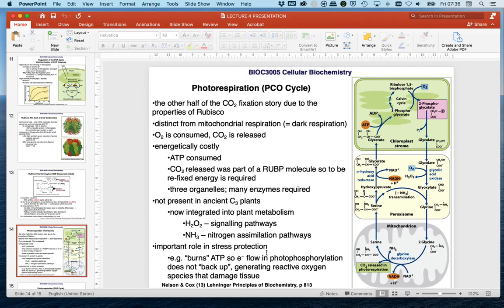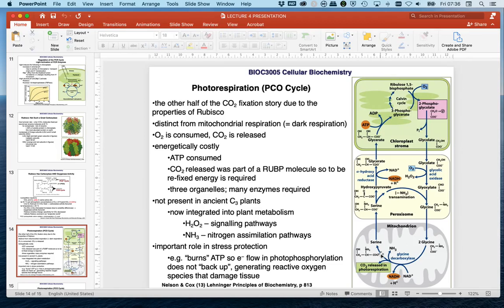And when you look at the pathway, you can see where oxygen is being consumed, so certainly at the step of Rubisco in the chloroplast, so that's illustrated in the very top part of the diagram on the right-hand side of the page. But oxygen is also being consumed in the peroxisomes, which are involved in photorespiration. And then CO2 is released in the mitochondria, the third organelle that's involved in photorespiration.